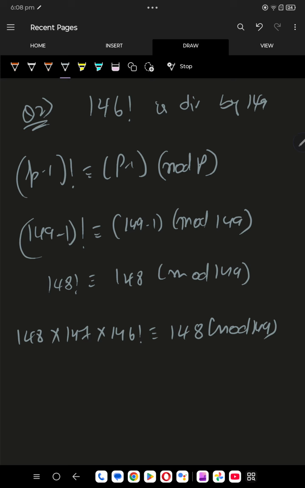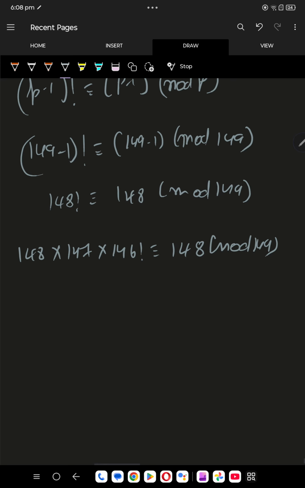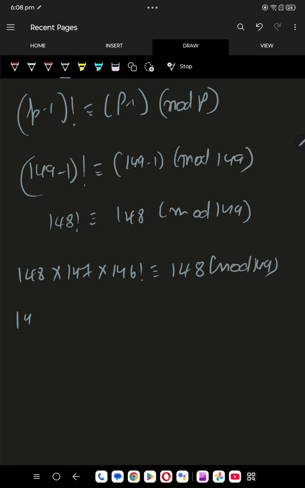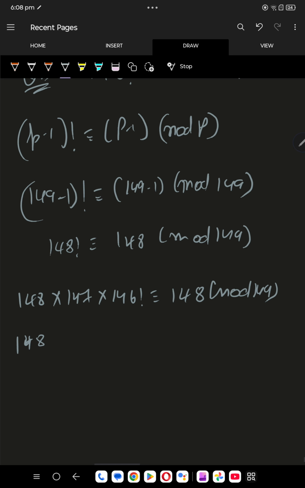Nothing is changing in the RHS as of now. We want 146 factorial, so with respect to 149, 148 is 149 minus 1 and 147 is 149 minus 2. So (149 minus 1) into (149 minus 2) into 146 factorial is congruent to 148 mod 149.